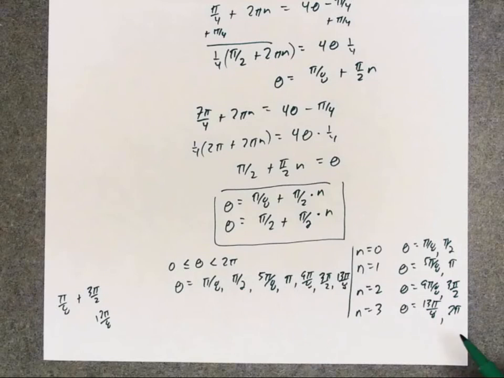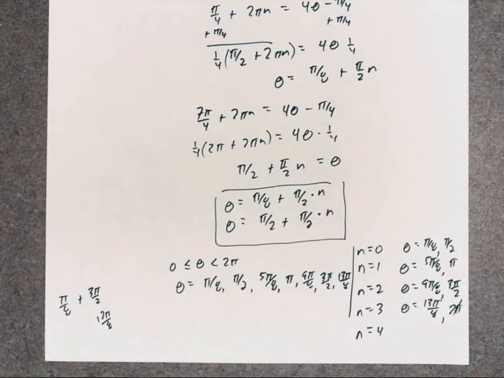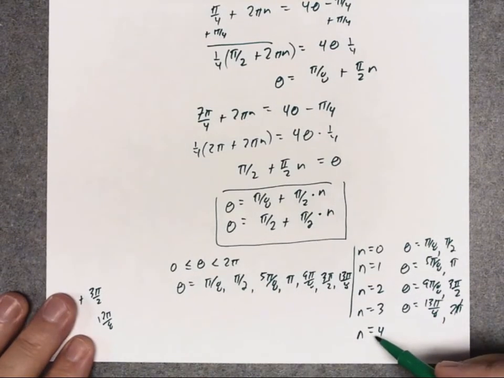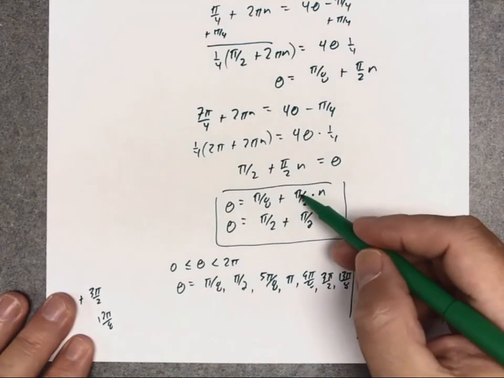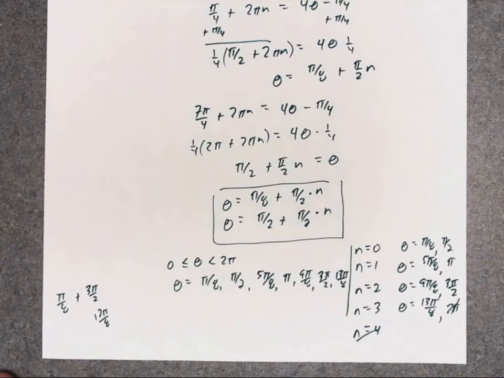So if it equals 2 pi, you actually don't include it. So my second equation, I'm finally over my 2 pi. The first one, I'm not sure. I have to keep going until I'm over 2 pi. However, when n is 4, when I plug in 4 up here, pi over 2 times 4 is 2 pi. So then I realize I'm over it also.